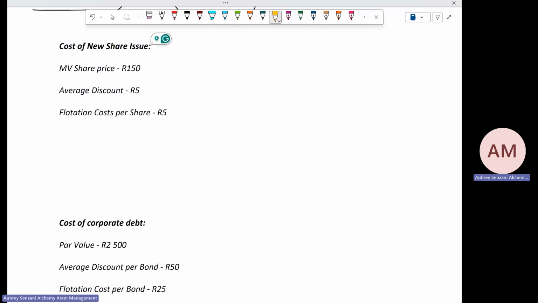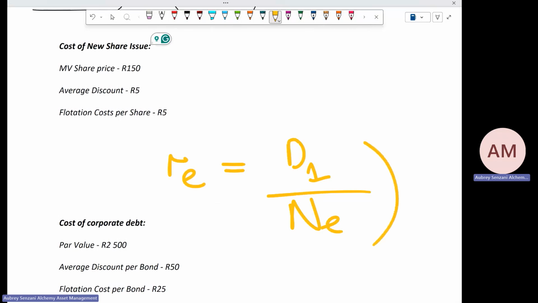Again, here you're going to have RE equals D1 over NE, and again, this is going to be plus G.